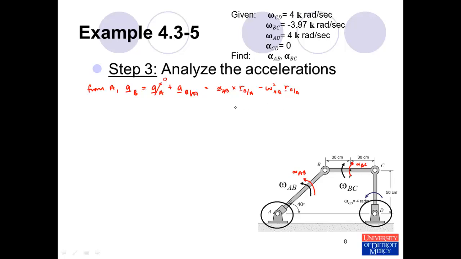And so in this general equation, the first term corresponds to the tangential acceleration of the point, and the second term corresponds to the normal acceleration of the point.